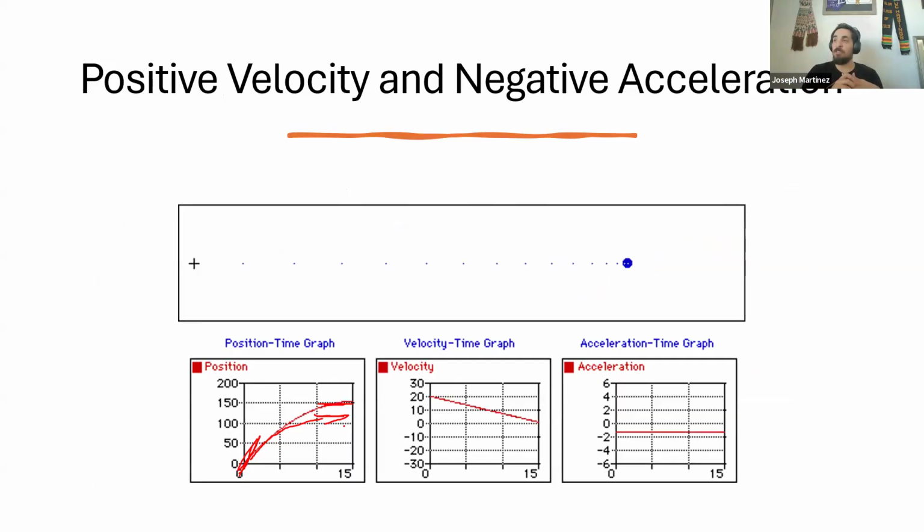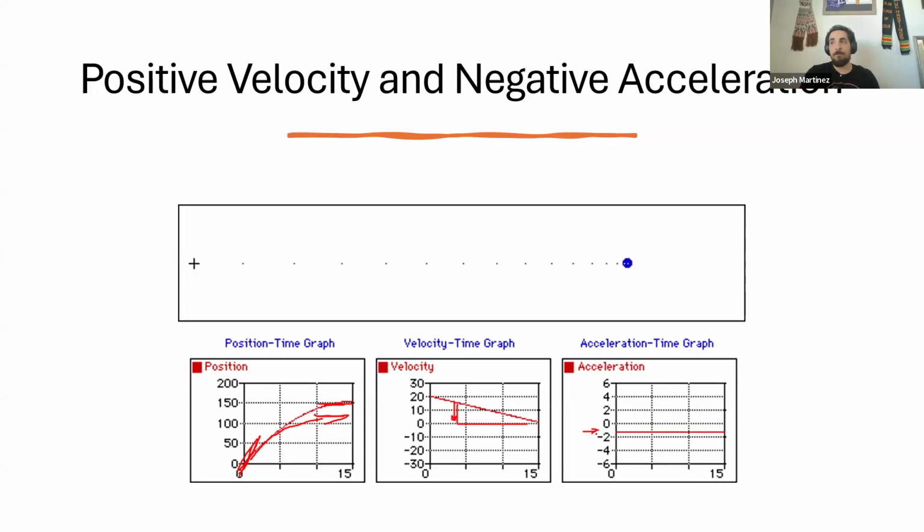Well, what is our velocity versus time graph? It seems to have a negative slope. When you look at rise over run, you see that we're actually falling, and since we are falling, that gives us a negative slope. So our negative slope is indicating a negative acceleration.